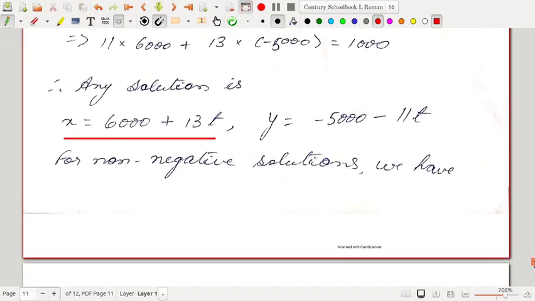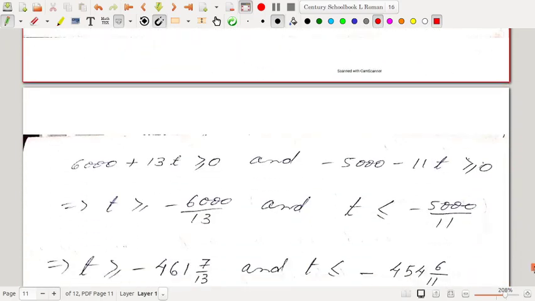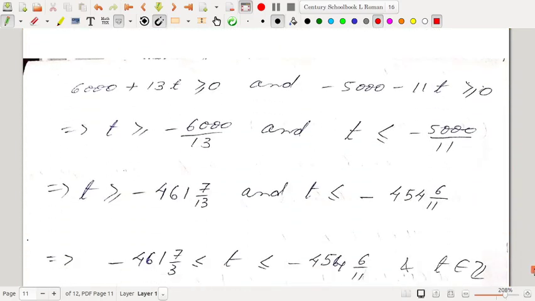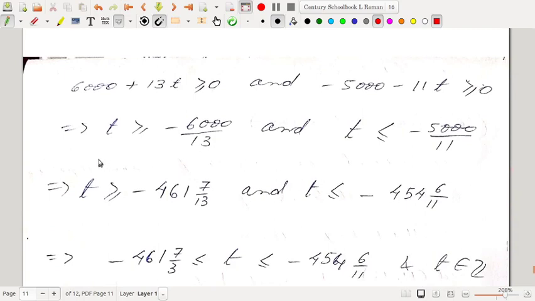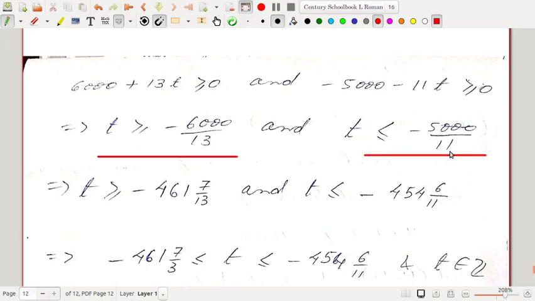So for non-negative solutions, x should be greater than or equal to 0 and y should be greater than or equal to 0. That means t should be greater than or equal to minus 6000 by 13 and t should be less than or equal to minus 5000 by 11. If you convert it into mixed fractions, this is 461 7 by 13 and this one is 454 6 by 11.